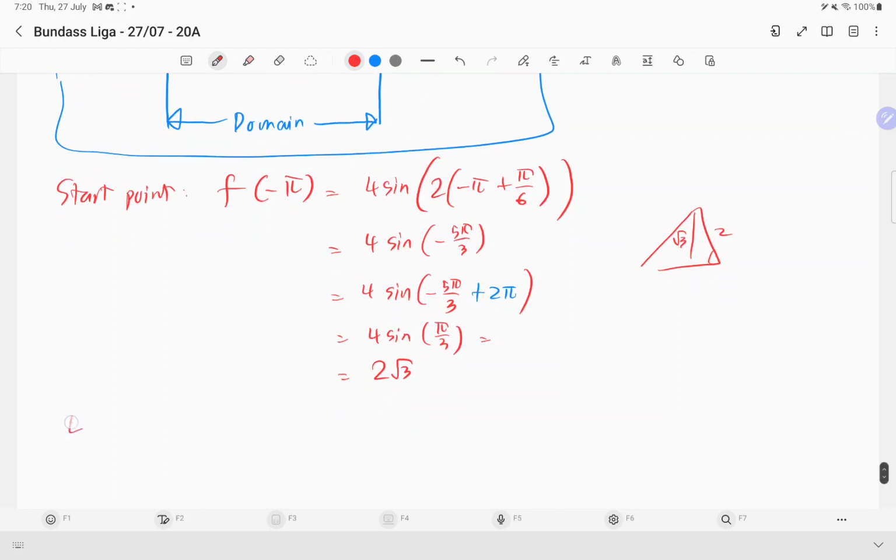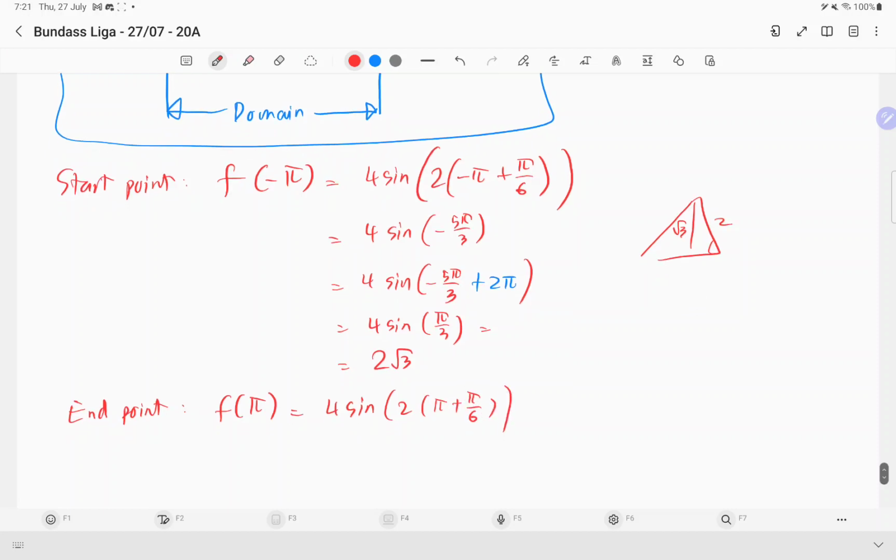Okay? And then the endpoint. The endpoint would be f of positive pi. And f of positive pi would be 4 sine of, again, 2 times positive pi plus pi on 6. So that'll be 7 pi on 6, or 7 pi over 3. So 4 sine of 7 pi over 3.